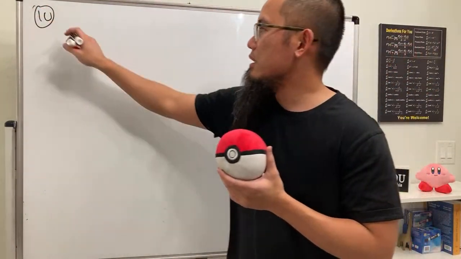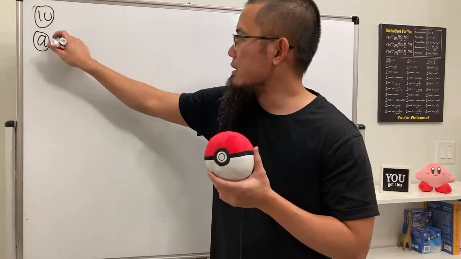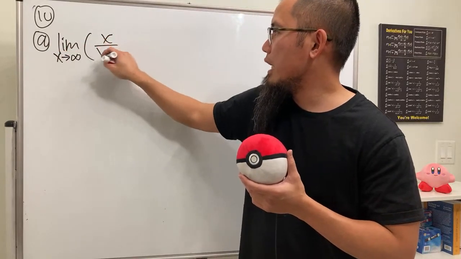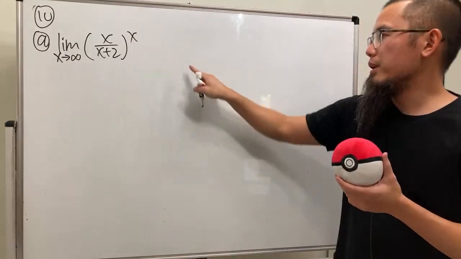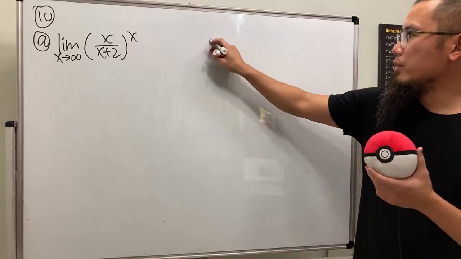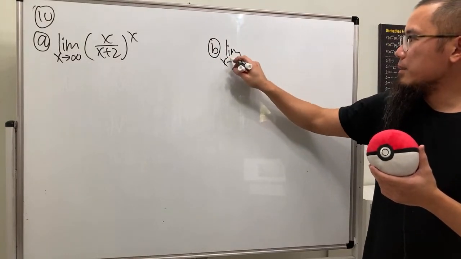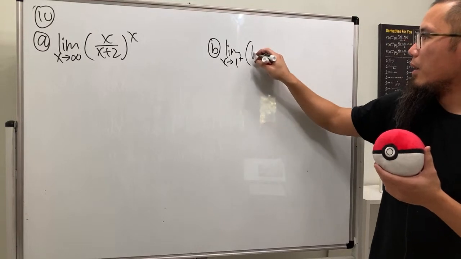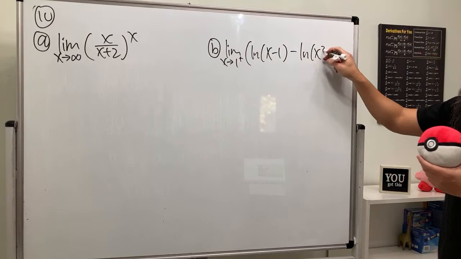Compute two limits. So first part, we are going to get the limit as x approaching infinity of x over x plus 2 to the x power. So if you can do this in your head, go ahead and do that. Meanwhile, I'm going to put down b, which is the limit as x approaching 1 plus of ln of x minus 1 minus ln of x squared minus 1.